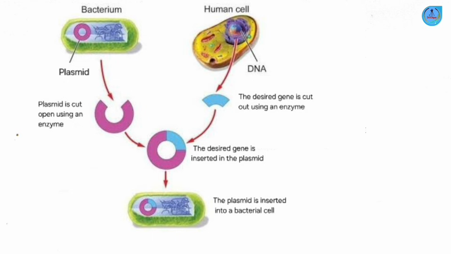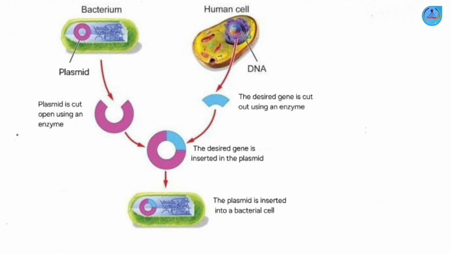This aligns with step number 4. Next, the desired gene from the first step, the one we took out before, is inserted into the plasmid. This aligns with step number 3. Lastly, the modified plasmid is inserted into a bacterial host cell. This aligns with step number 1.